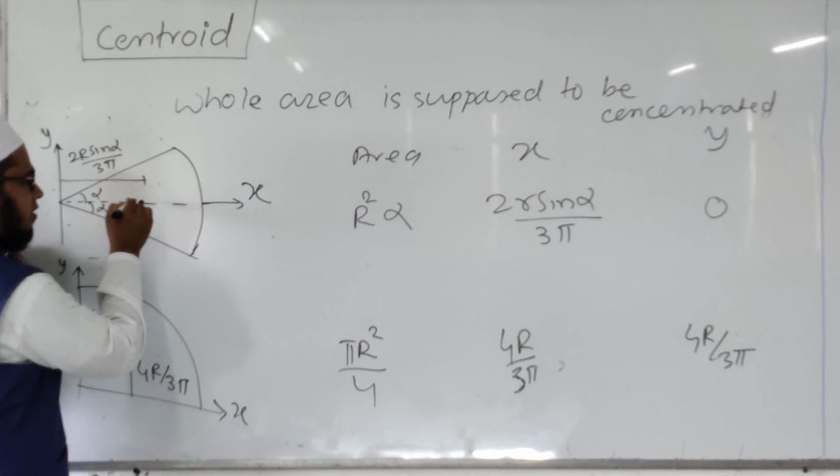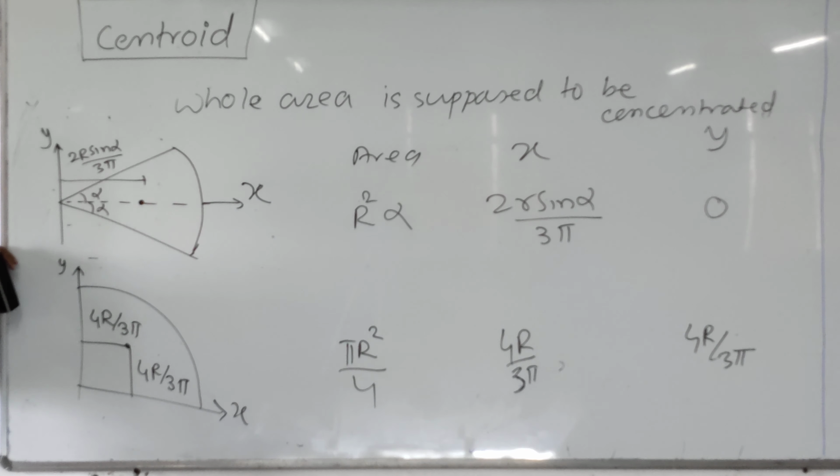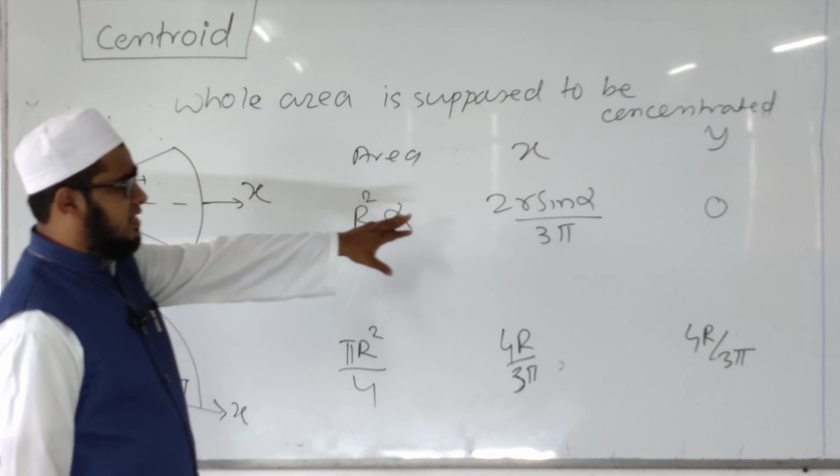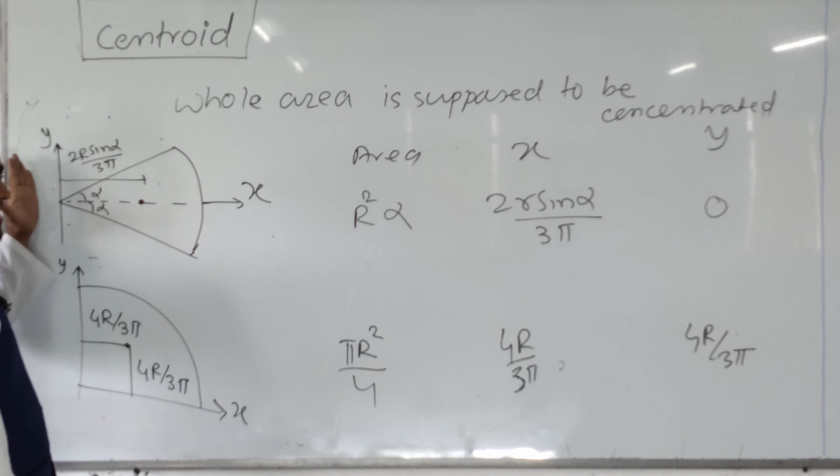Therefore, the centroid is lying on x axis. That's why the value of the coordinate is 0. So we have to remember all these standard formulas, and remember these values 4r by 3 pi and 2r sin alpha divided by 3 pi, which are given from these reference axes.